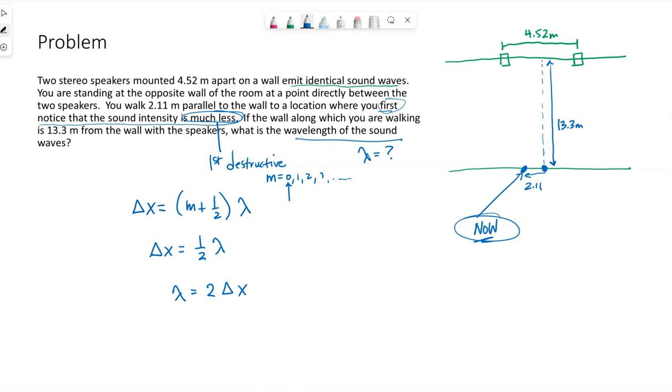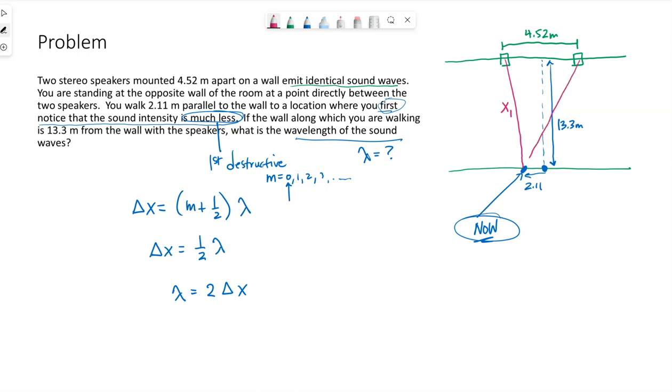Now delta x is not 2.11. Delta x does not represent how far we walked. Delta x is the difference in distance. So this left speaker, the sound has to travel a distance of x1 to get to us.